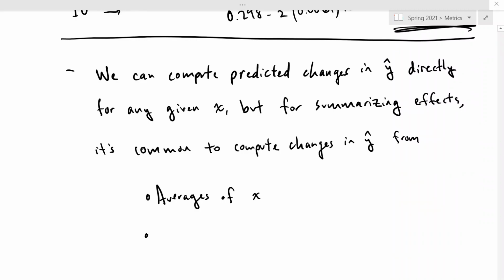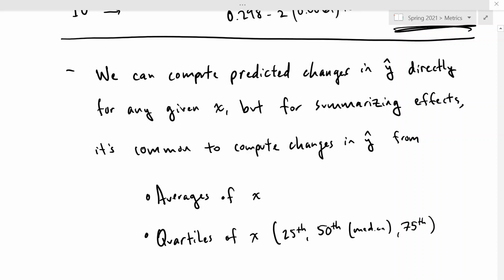From averages of x, we could also do quartiles of x. So for example, you do the 25th percentile, the 50th, which would also be the median, or the 75th. That way you could see the effects across the possible distribution of wages.